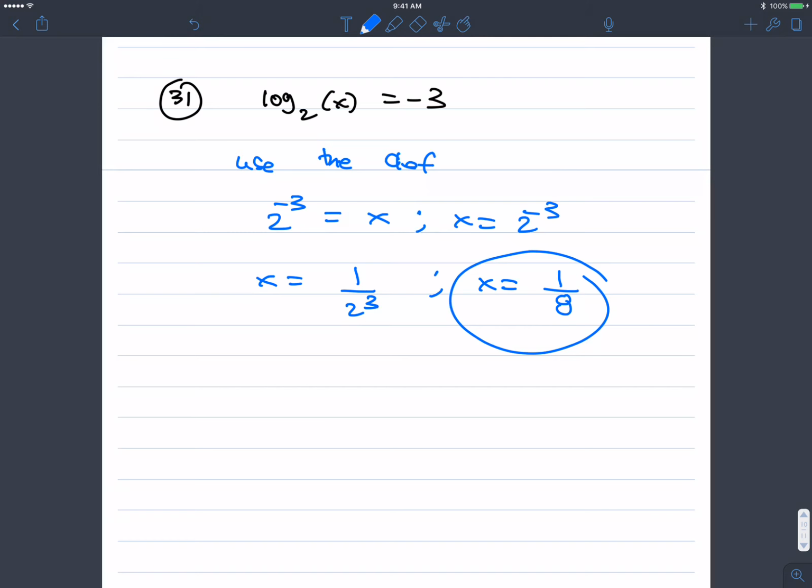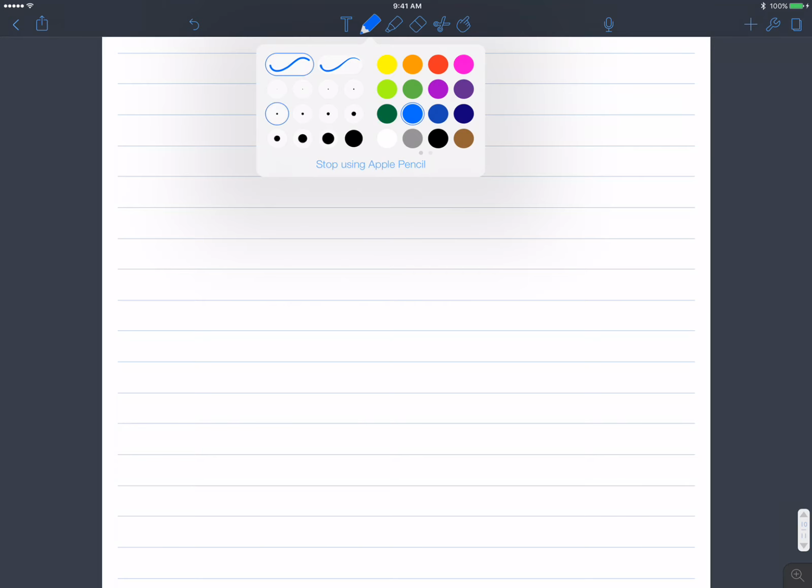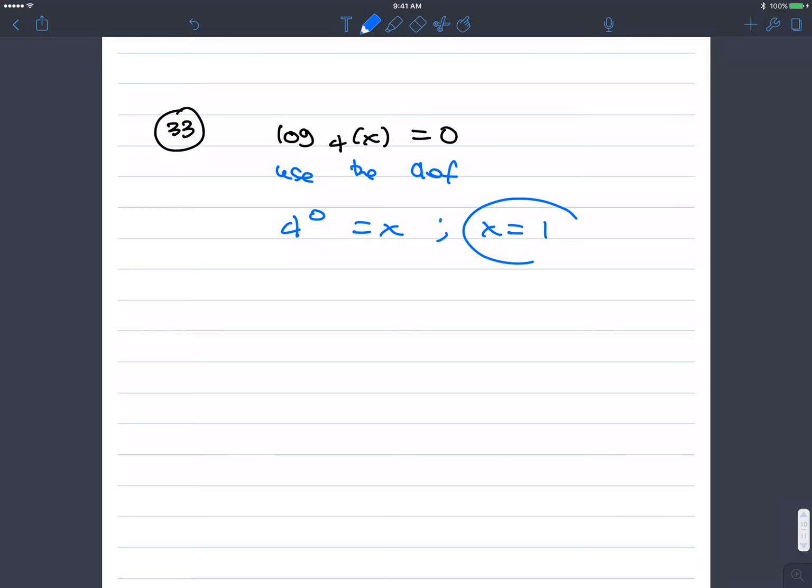All by using the definition. 33: log base 4 of x is 0. Use the definition. 4 to the 0 is x, or x is 1. There you go, number 33.